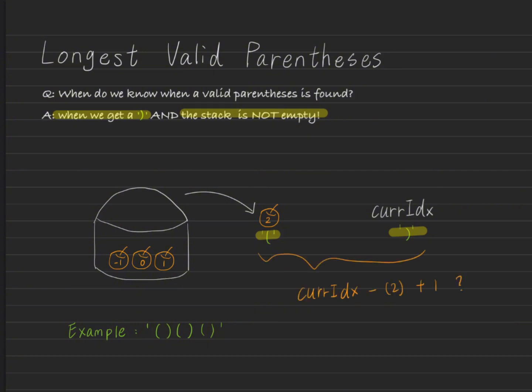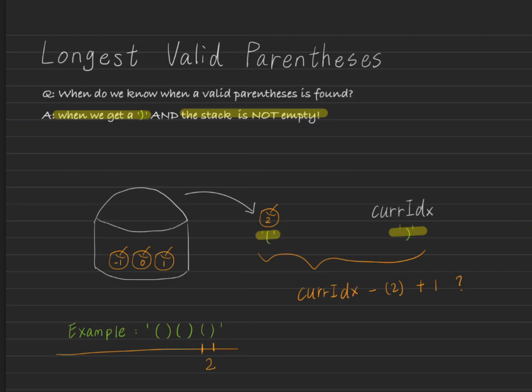And we can calculate the length of the substring now. It might be natural to use just the current index and the popped element to calculate the length. However, there is a caveat. Let's look at the example here. Say we're at our last element. We'll pop from the stack, obtaining its matching pair. The equation above will give us the length of 2. But is 2 the longest valid parentheses substring?